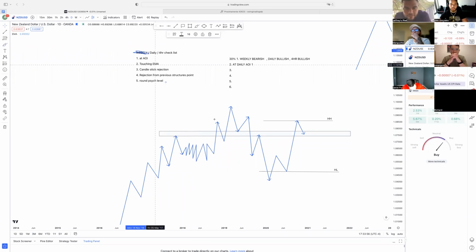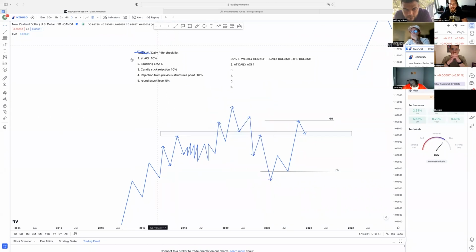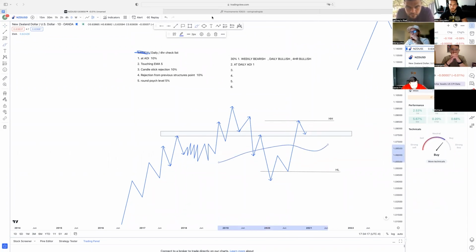All of these confluences have a percentage towards your grade. Touching EMA is 5%, candlestick rejection is 10%, structure point is 10%, and round psychological is 5%. So as of right now, for this trade, what can you mark off?